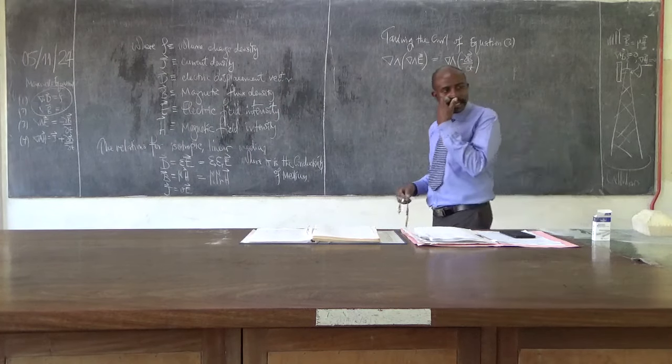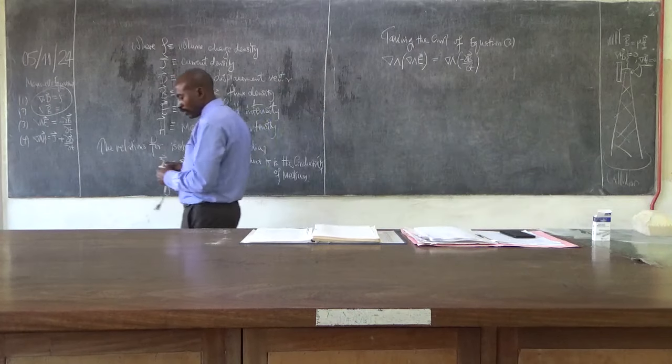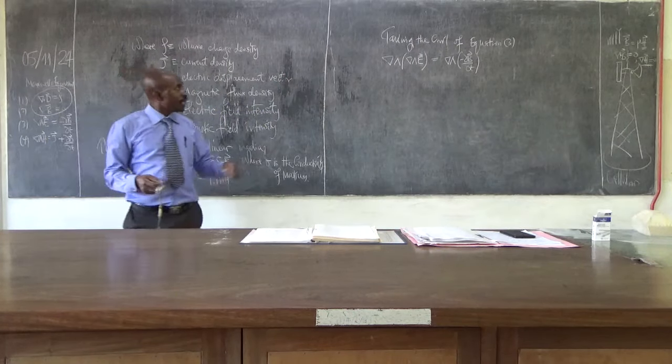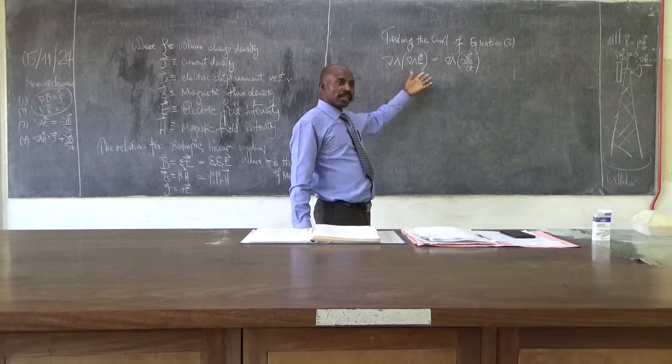Anyone with identities? What is the identity when you have the curl curl of a vector A?